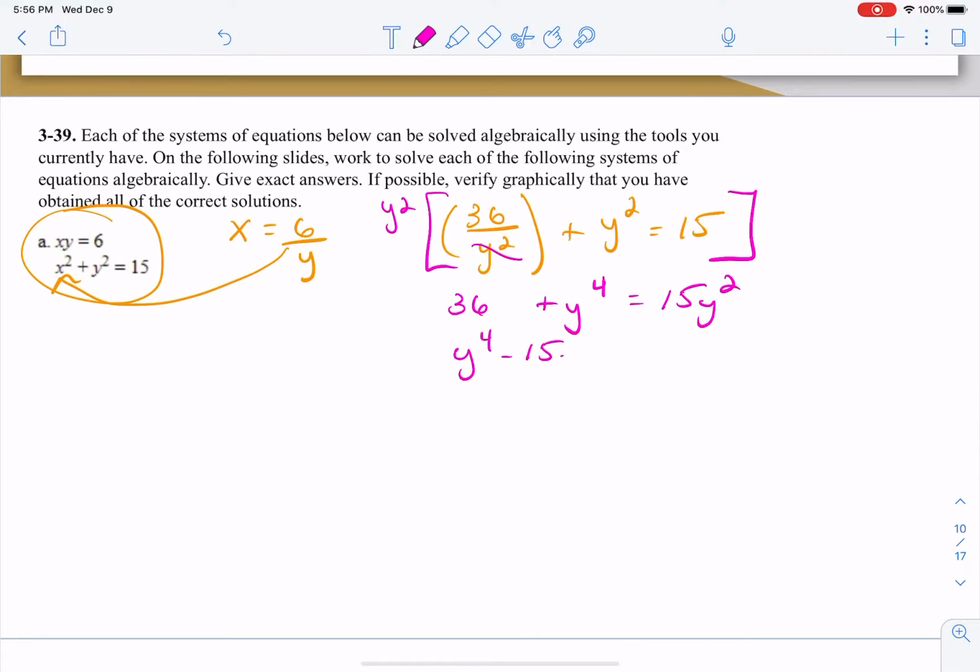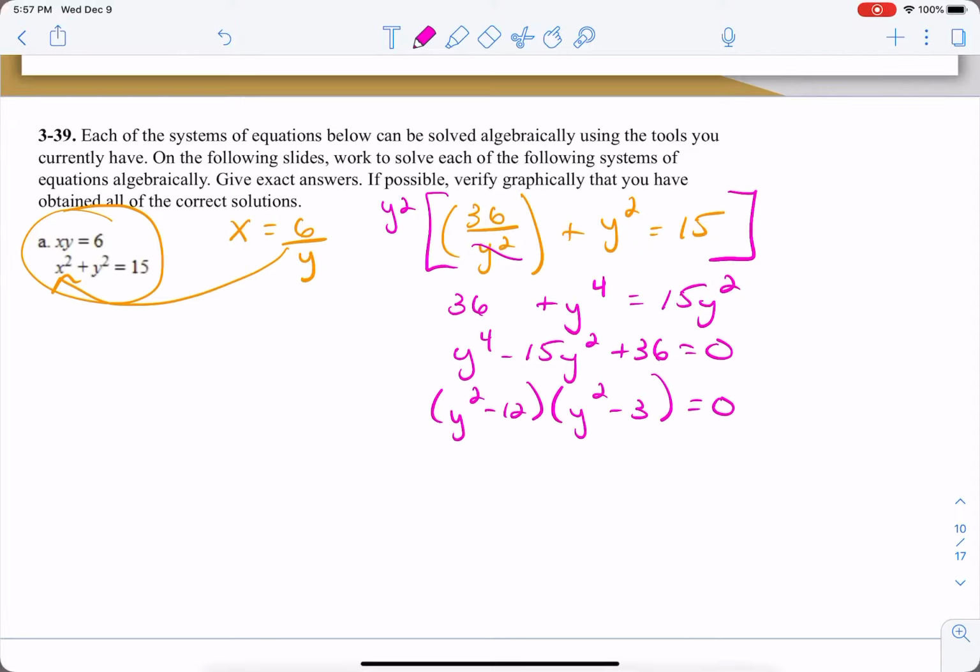Moving the 15y squared over, I can factor this to be y squared minus 12 and y squared minus 3. So y squared is equal to 12 and y squared is equal to 3.